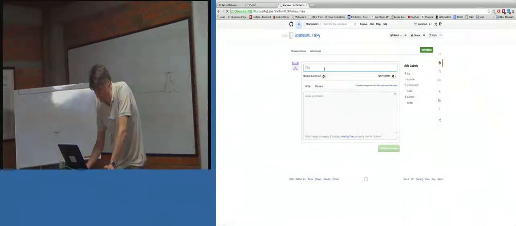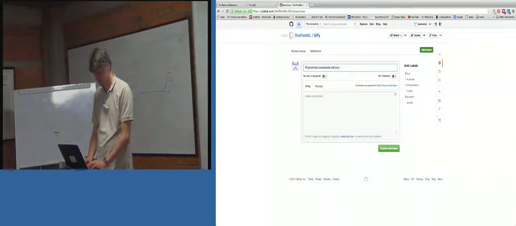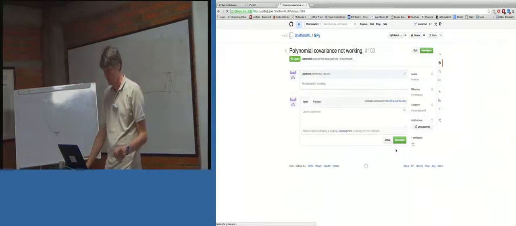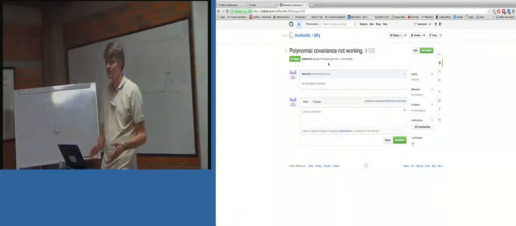Once I'm signed in, I can say new issue, polynomial covariance not working. Of course, if you were raising an issue, we would expect more detail than that. So I've raised an issue there, so I remember to check that when I get back.